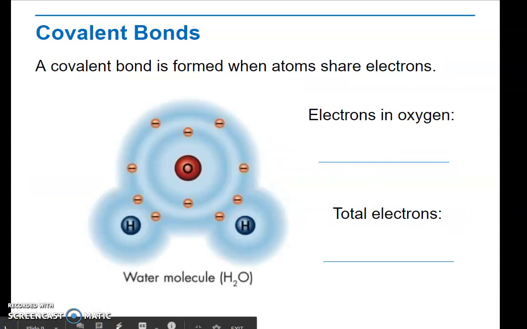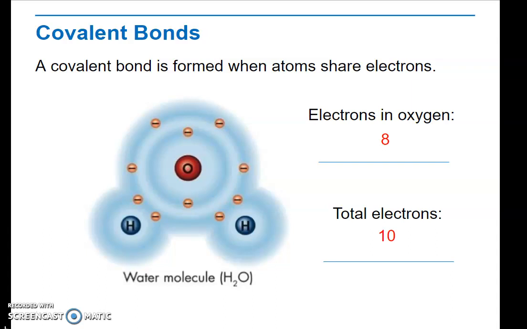Now we have covalent bond. Let's look. This is the water molecule. Everybody knows the water molecule. So hydrogen has 1 proton. So how many electrons would it have? 1 also. And oxygen has 8 protons. So how many electrons would oxygen have? 8.